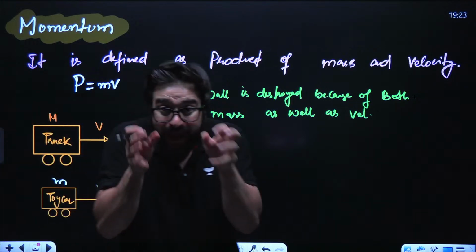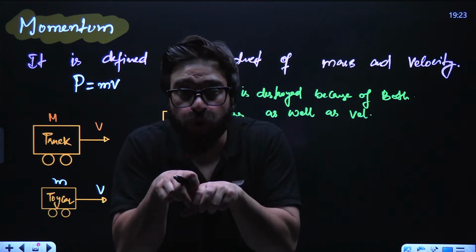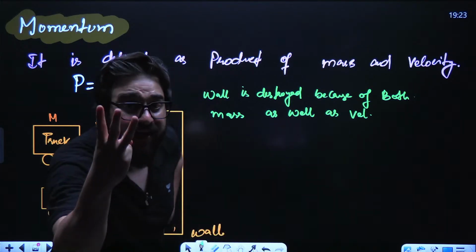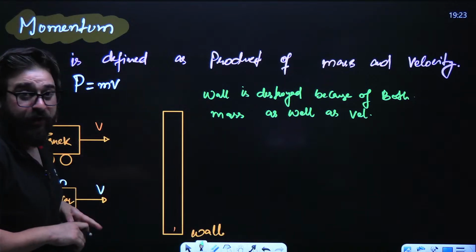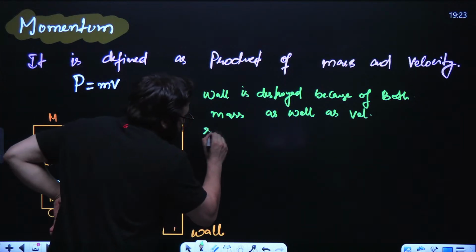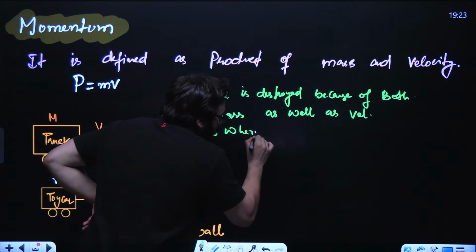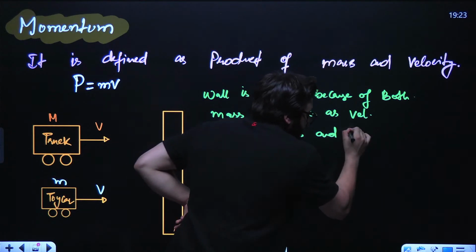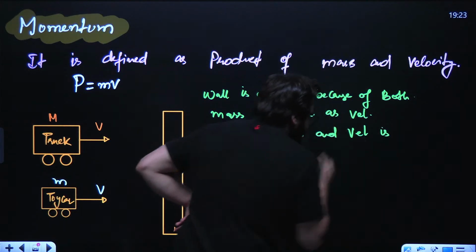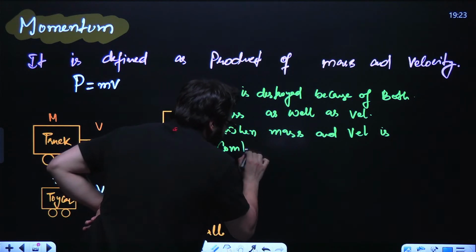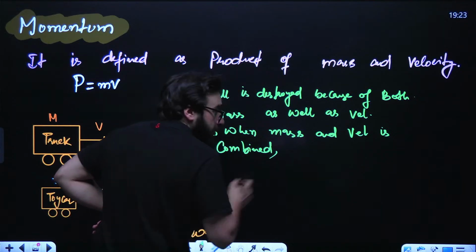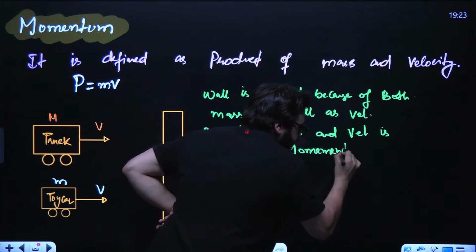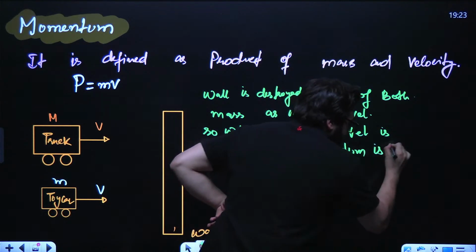Now, when you combine both of these, a third quantity is generated. That is what we call momentum. So when mass and velocity are combined, we say momentum is created.